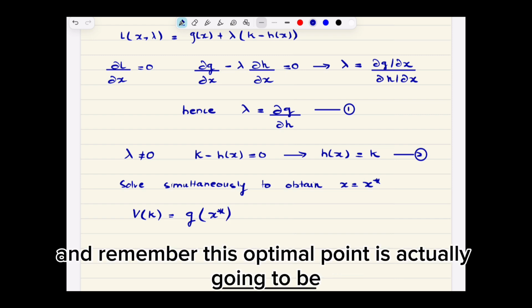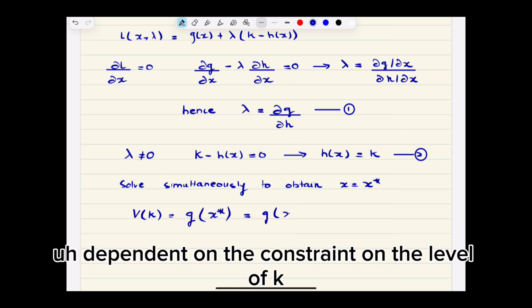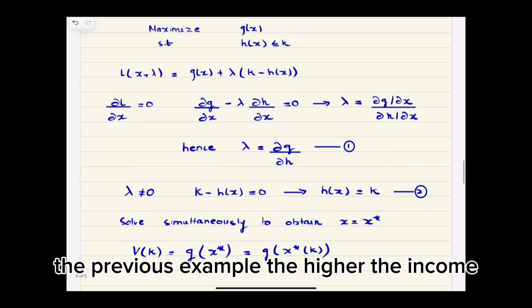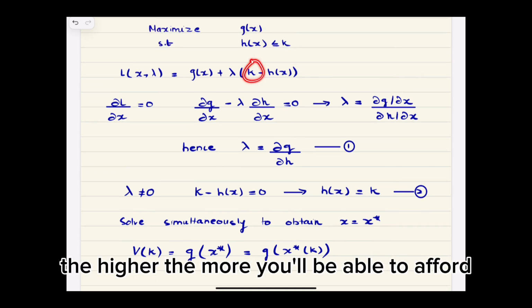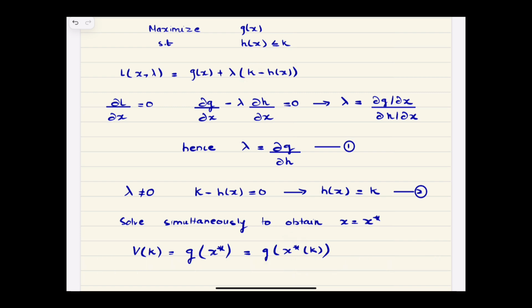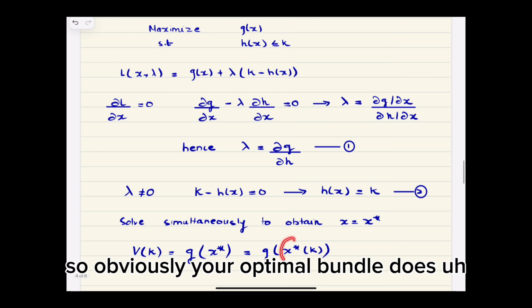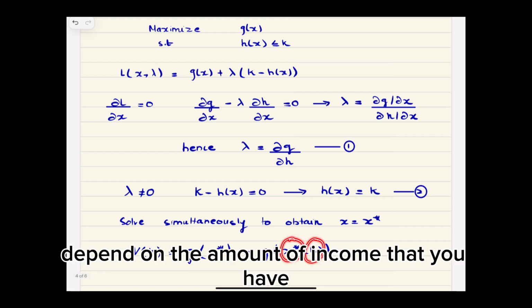And remember, this optimal point is going to depend on the level of k. For instance, in the previous example, the higher the income, the more quantity of good x you'll be able to afford, so obviously your optimal bundle depends on the amount of income that you have.